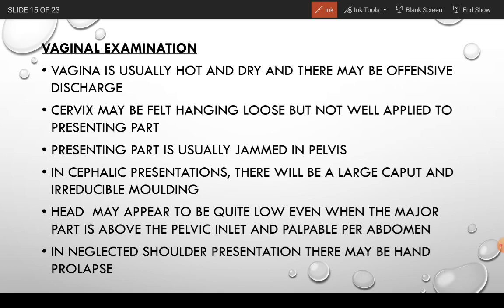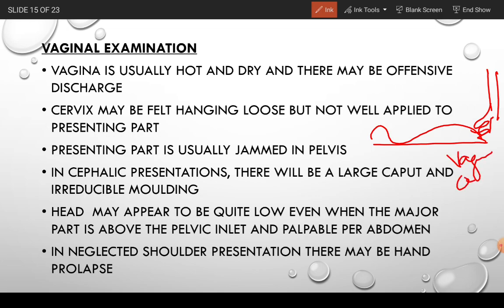What you can see, the vagina will be hot, dry, can be discharged, cervix may be hanging loose, the presenting part may be usually jammed in the pelvis. So this is the mom. When you examine the vagina, you can see what are the condition of vagina, cervix.